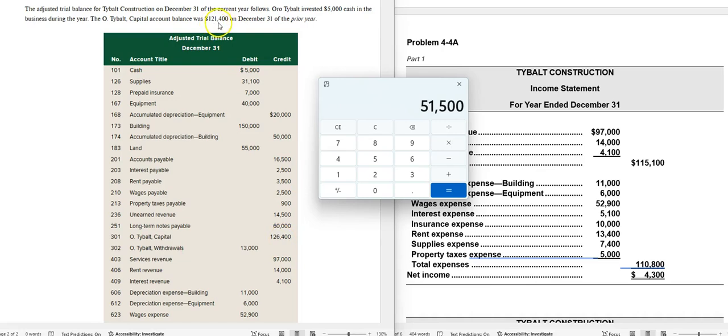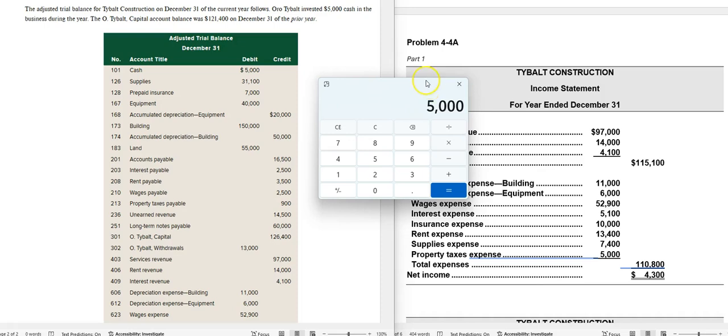So if last year's ending increased to this year's ending, the difference between those two has to be the amount of owner investments during the year. So, if I do my math correctly, ended this year with $126,400, ended last year with $121,400. I can interpret this to tell me that the owner must have invested $5,000 during the year.